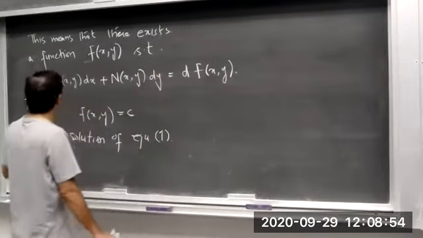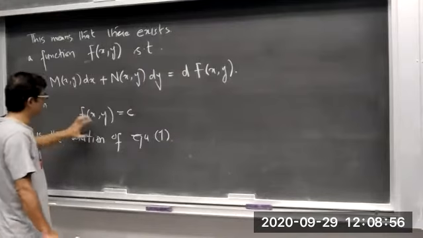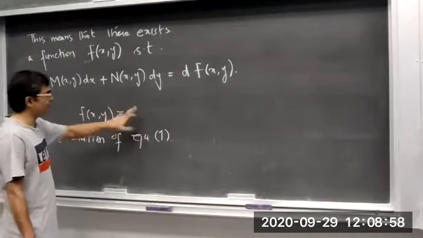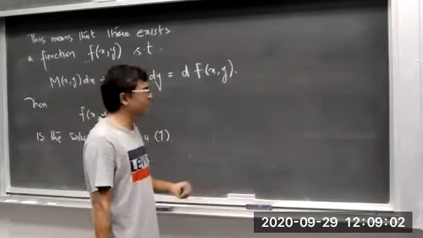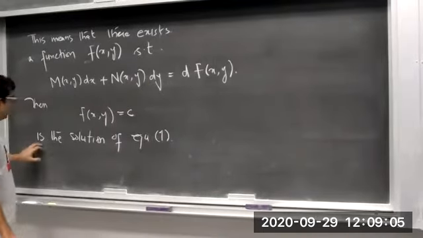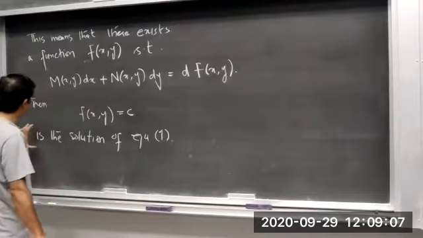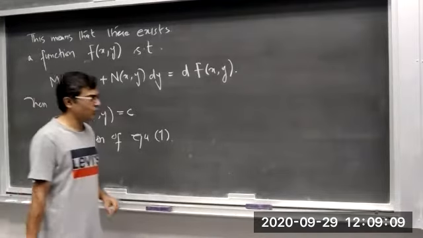Then we say that f of x y is equal to some constant c, where c is that constant of integration kind of constant. f of x y is equal to c will be the solution of equation 1.